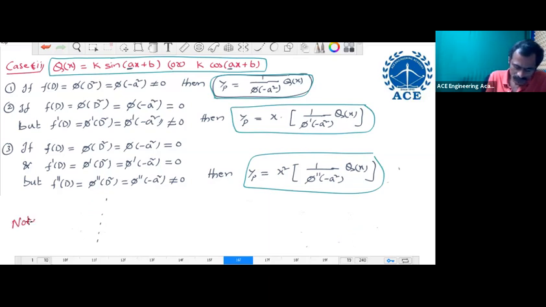And we write the note points. Point 1: d of f of x equal to d by dx of f of x, or here we take q of x.